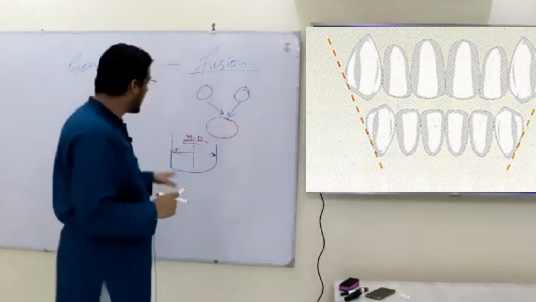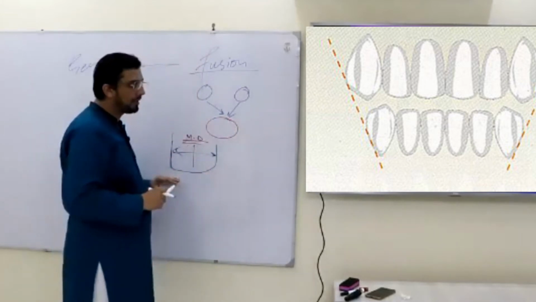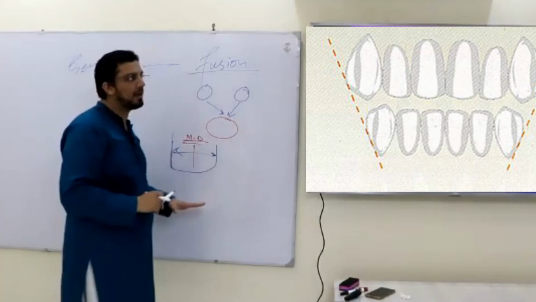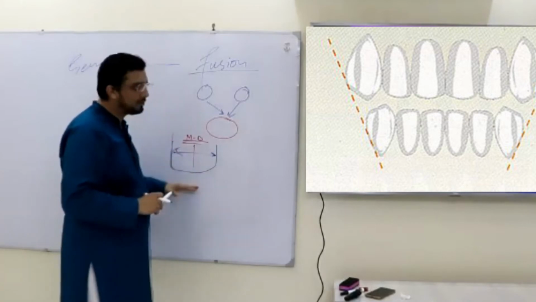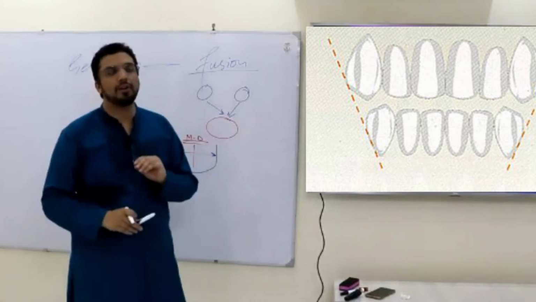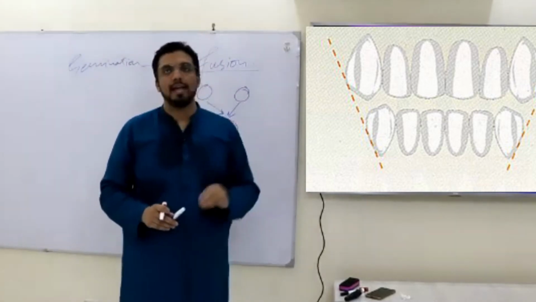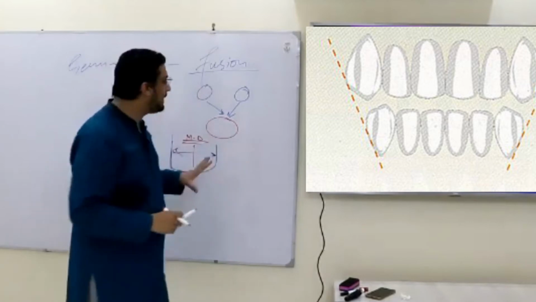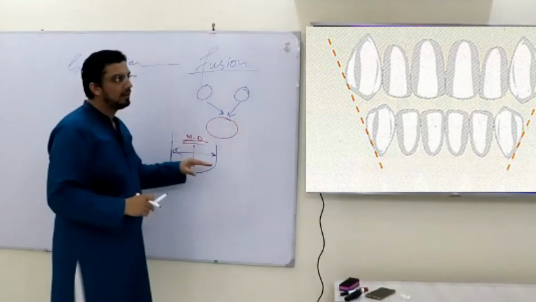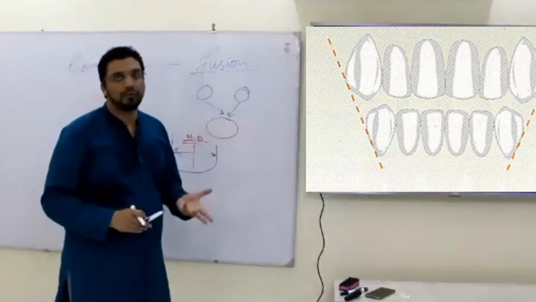If you have a larger tooth mass in one arch and a lesser tooth mass in the opposite arch, you do not have a proportion and you do not have the balance between the tooth sizes of the upper dentition and the lower dentition. This will end up in some overjet, overbite, crowding of the teeth.